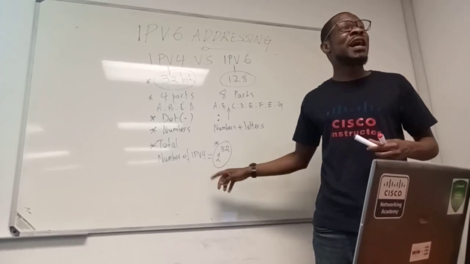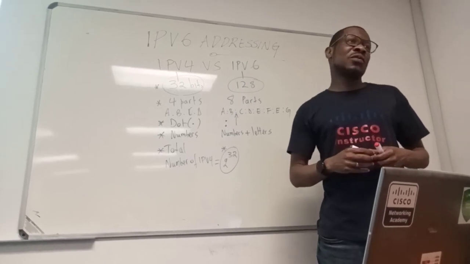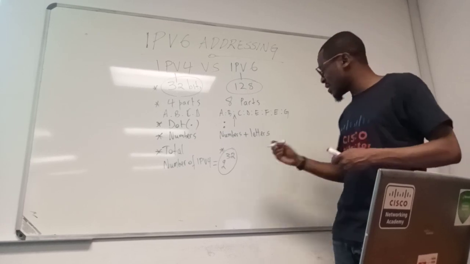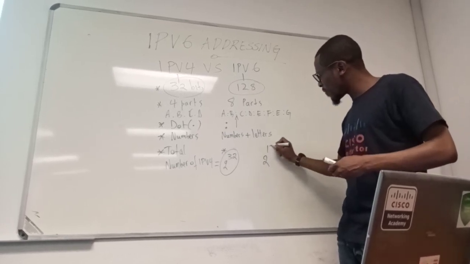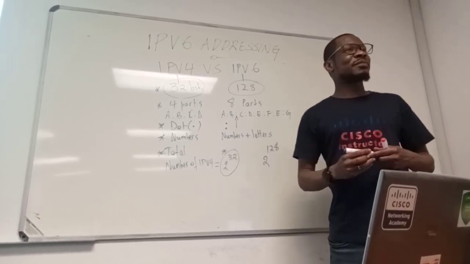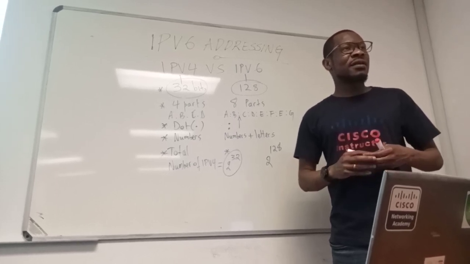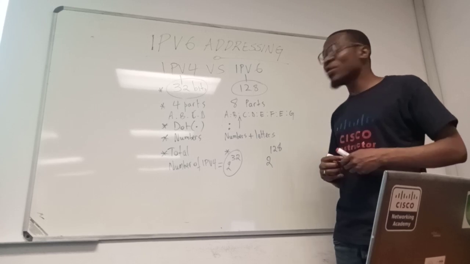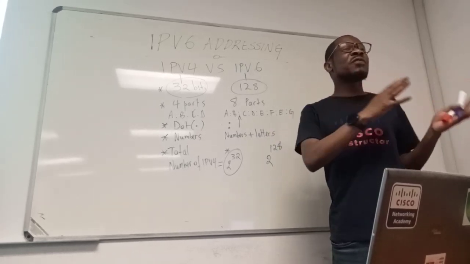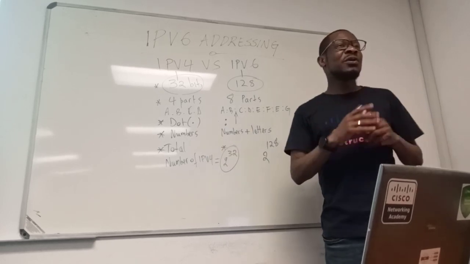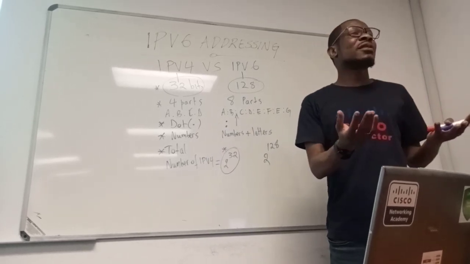This is the number of IPv4 addresses, right? But for IPv6, it's 2 to the power of 128. Billions of IPs, right? So why did we move from IPv4 to IPv6? Because IPv4 has few IPs, right?